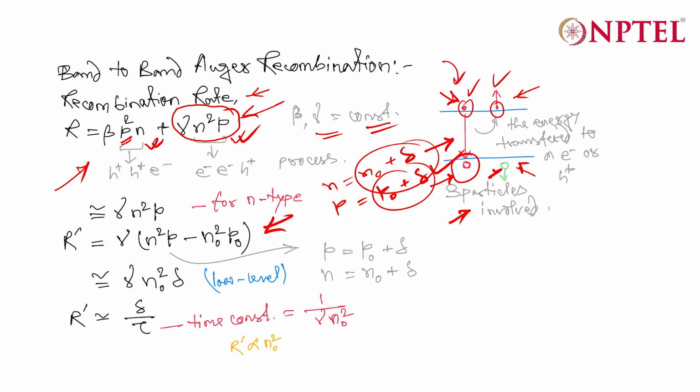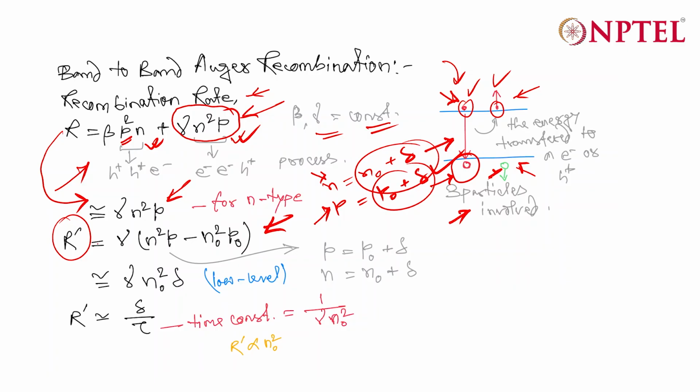So we are considering an n-type semiconductor. That's why we have reduced the expression of R to a constant into n square p, and then you replace the value of n and p as shown over here, and then you will get an expression for the excess recombination rate.